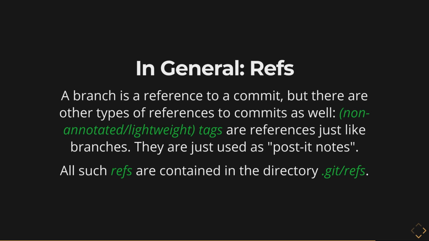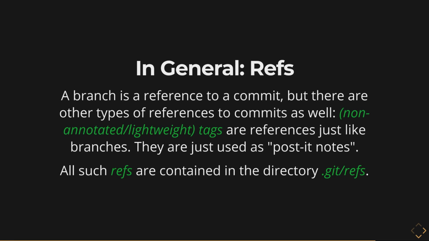For example, you could use a tag to indicate which commit was shipped to a customer, as in which commit was built and shipped off. You could use it to indicate version numbers, like this commit, this is when we froze the code base, and this is version 1.2, for example. That's a common use of tags.